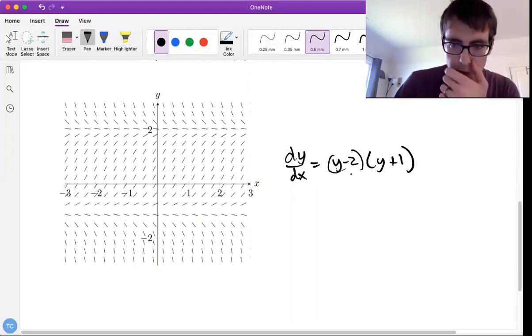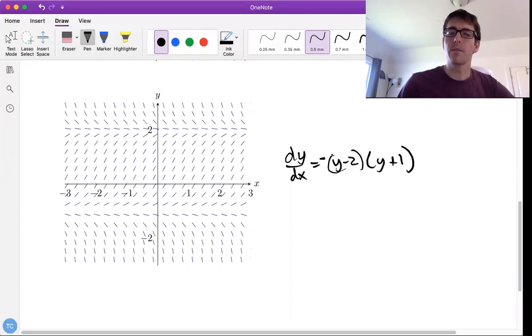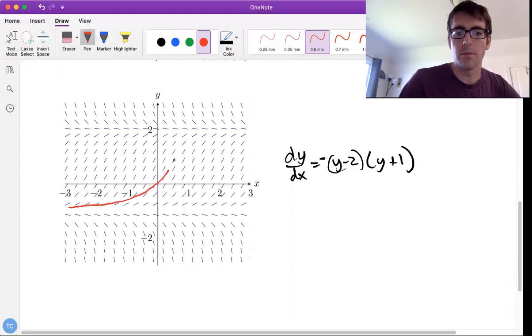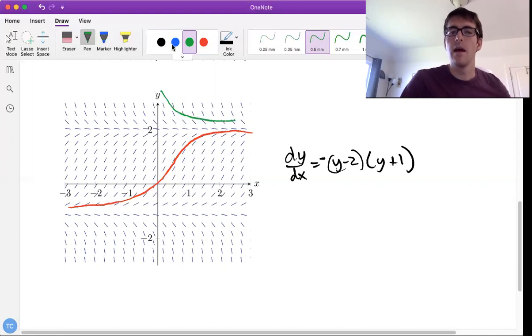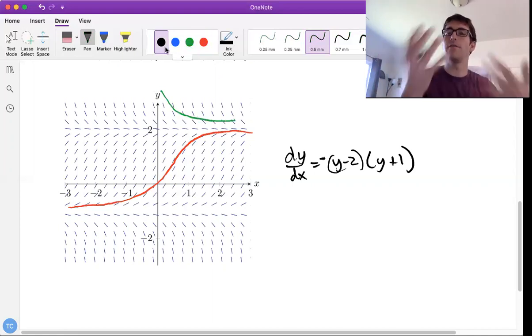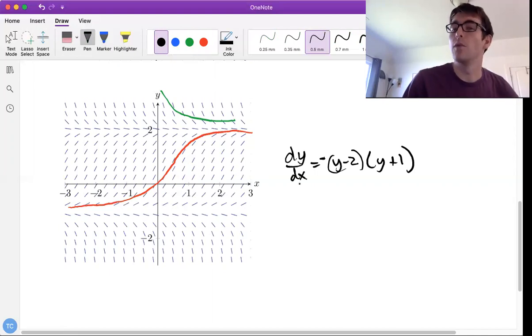If we plugged in something in the middle, I believe there's a negative here then. Anyway, with this example, we get functions that look something like this, as well as other functions that look like this. Again, we've got an infinite group of functions that will meet this condition. This gives a sense of what those things look like.